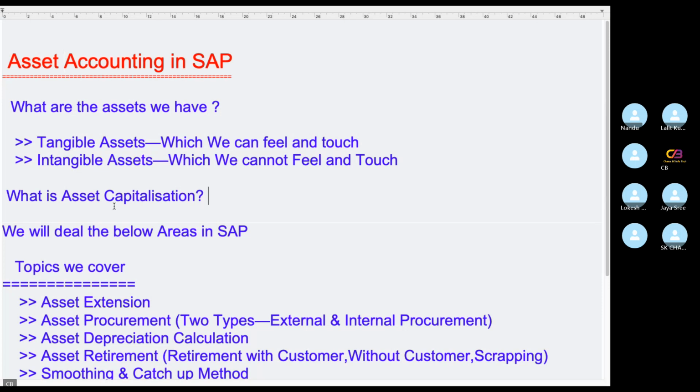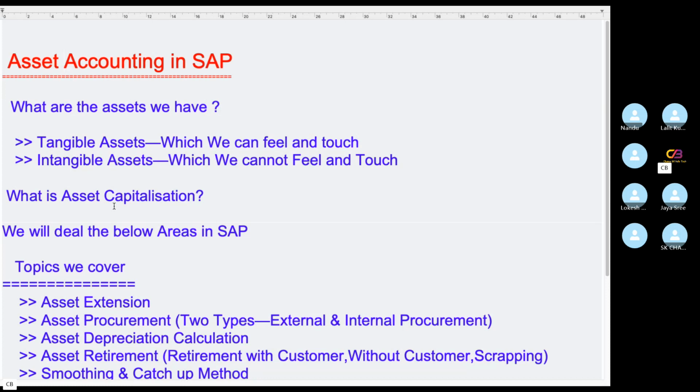For asset under construction, we shouldn't calculate the depreciation because it is not yet an asset; the asset is not completed. It is still work in progress. Asset capitalization means every company has its own limit for capitalization of the assets.